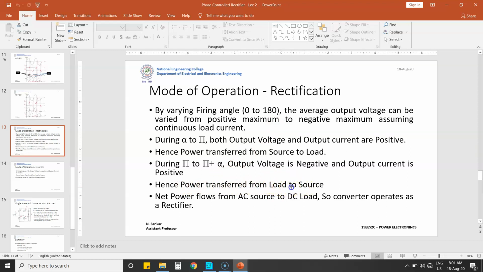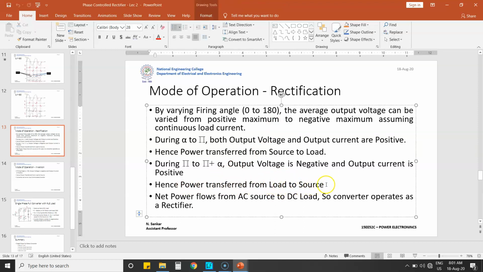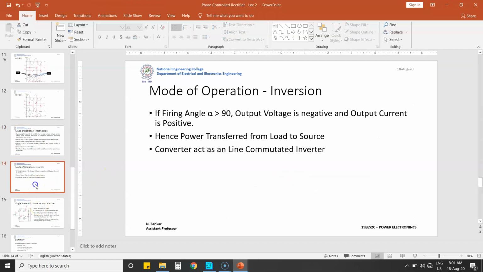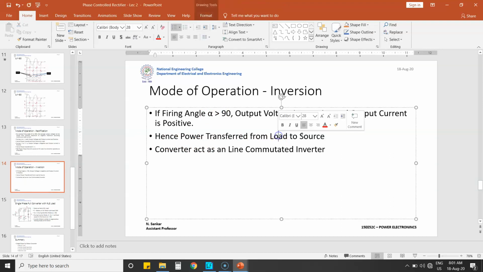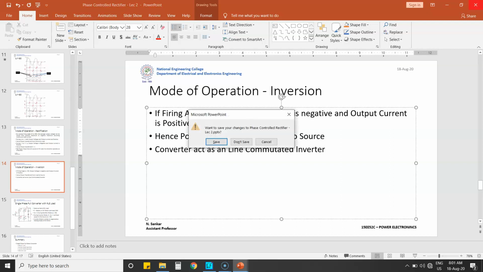Here what I have written is wrong; power is transferred from source to load. Similarly, in inversion operation, that is alpha greater than 90 degree, power is transferred from load to source.